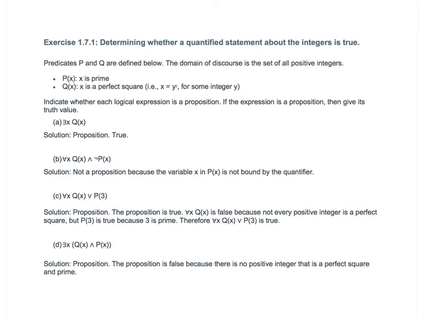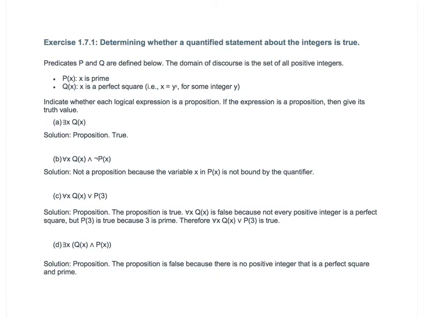Let's see the following example and see whether a quantified statement about an integer is true or false. Let's assume that P and Q represent the following predicates. P of X represents "X is prime," and Q of X is the symbol for the sentence "X is a perfect square," which means that X can be written in the form of y squared, where y is an integer.